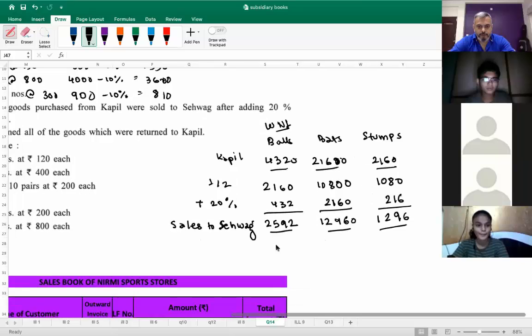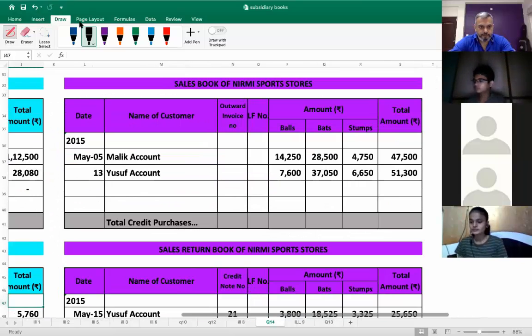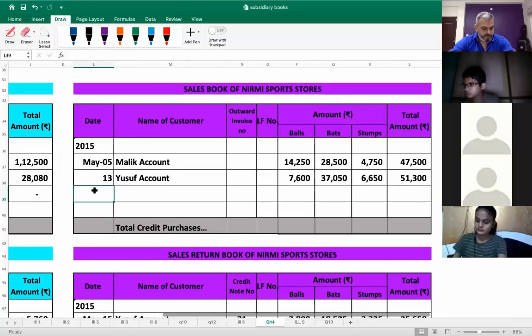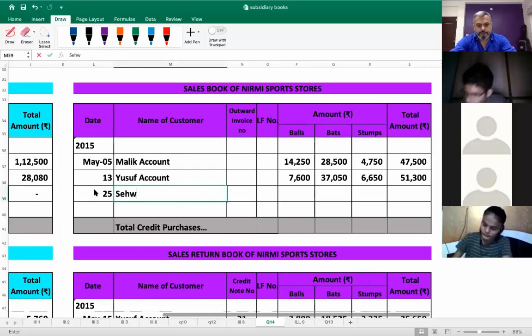Okay. Now go to sales book. 25th. Sehwag account.